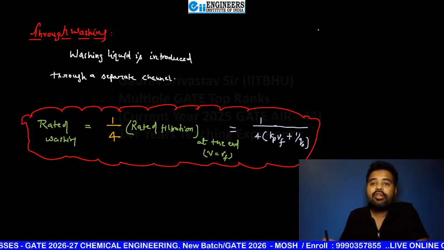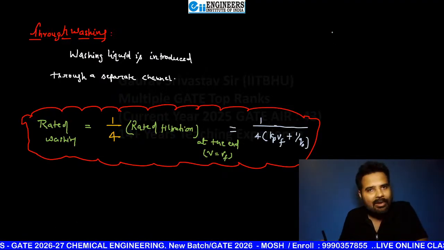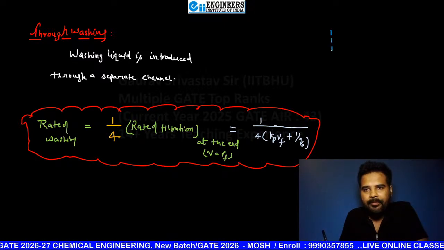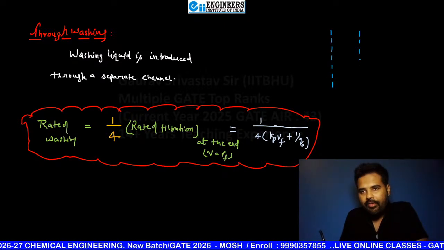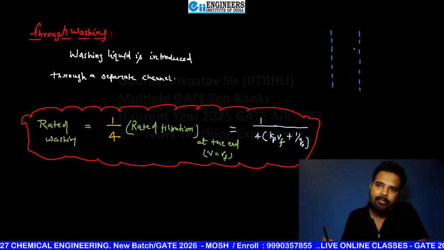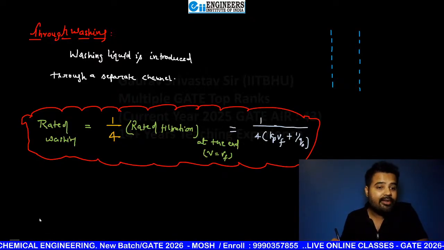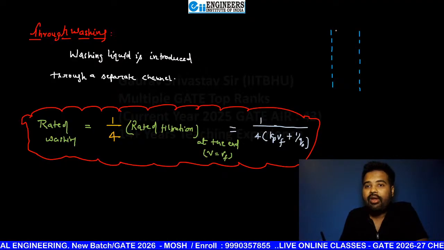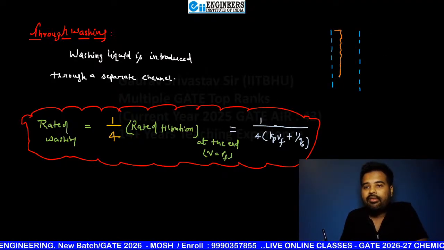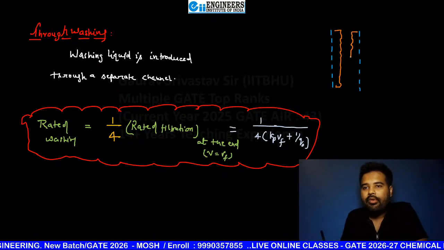For that you have to draw the plate and frame filter press. So this was your filter, that is present in your frame, and simultaneously on both sides cakes are formed.